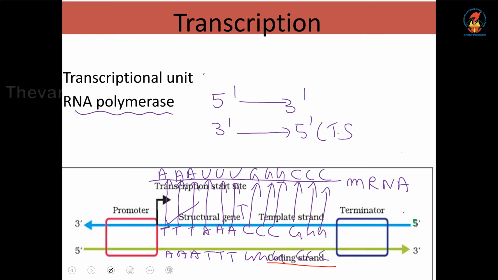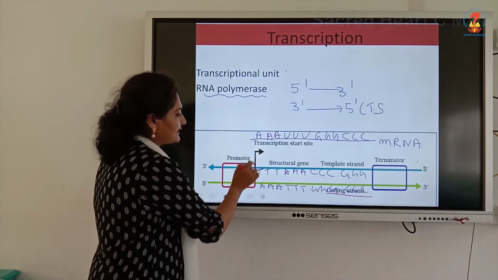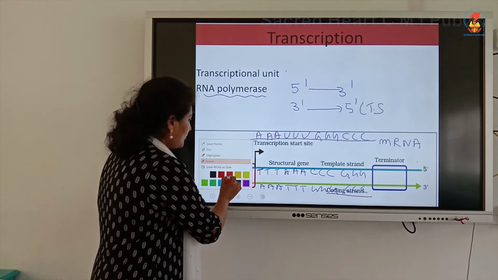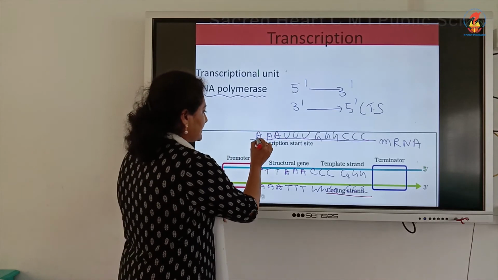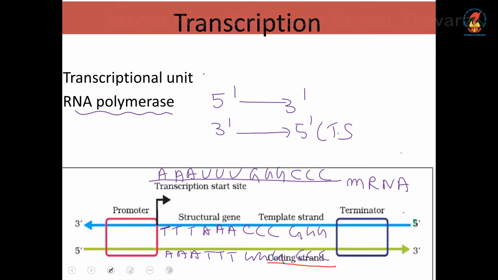Look at the bases on the mRNA. The bases are complementary to the bases of the template strand. Now, if you closely analyze these bases, it is A, U, G, C. It is similar to which strand of the DNA? Look at both the strands of the DNA. Look at the blue strand and the green strand.